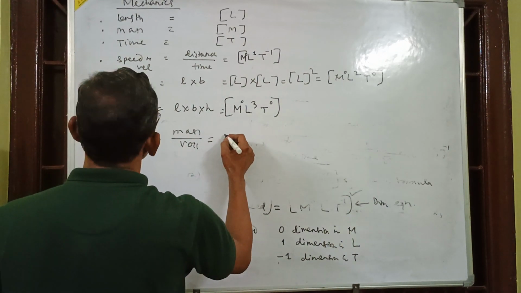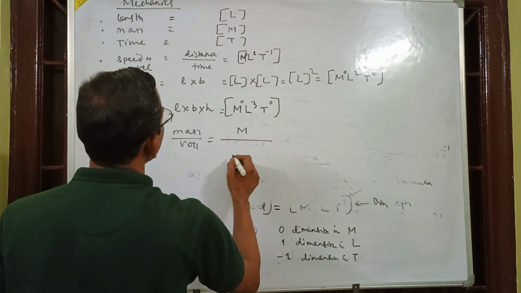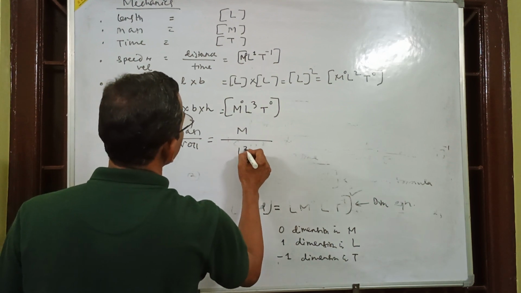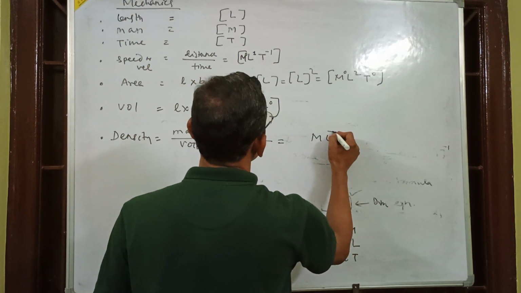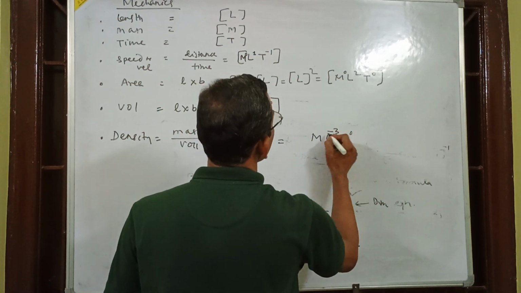In that case, it becomes M over L3, equal to M L minus 3 T to the power 0.